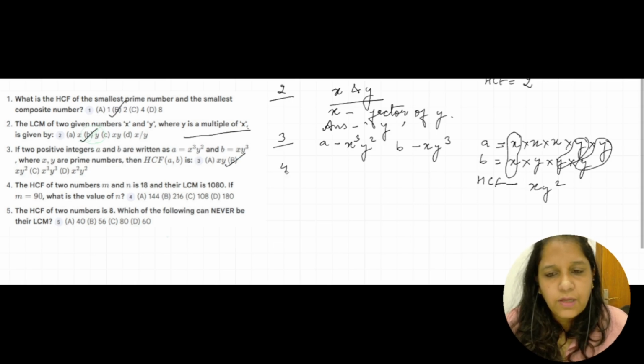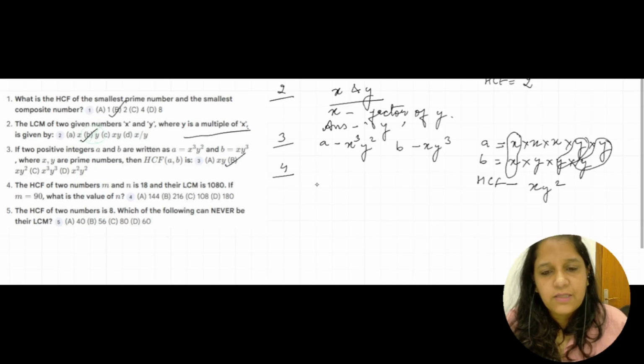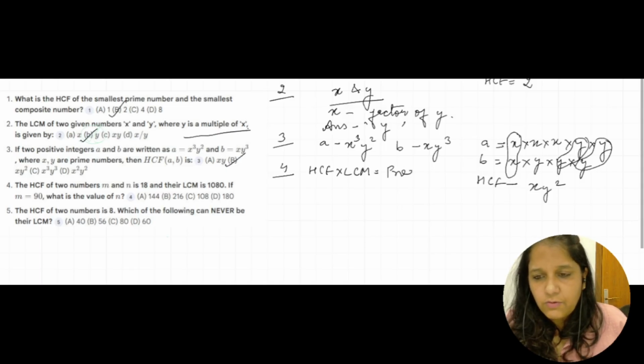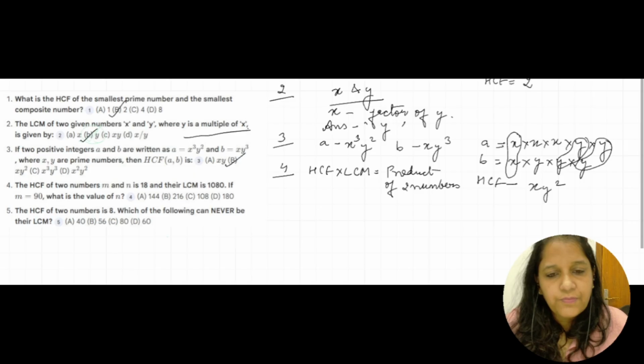Question number 4. HCF of two numbers m and n is 18 and LCM is 1080. So HCF into LCM is equal to the product of the two numbers. What is given to you? The HCF is 18 and LCM is 1080.